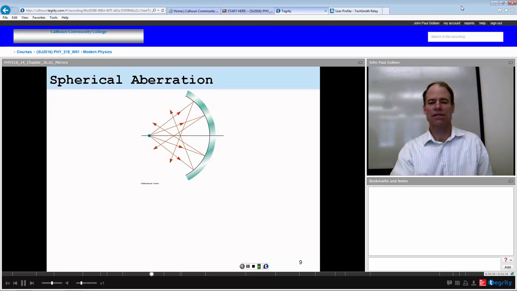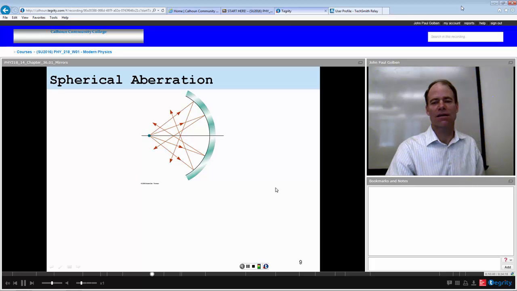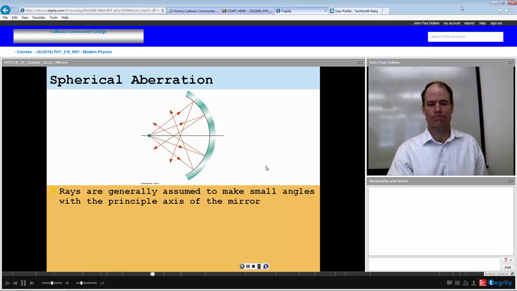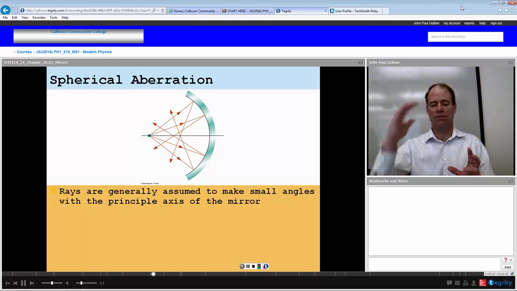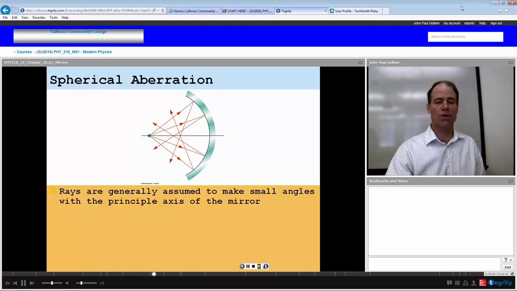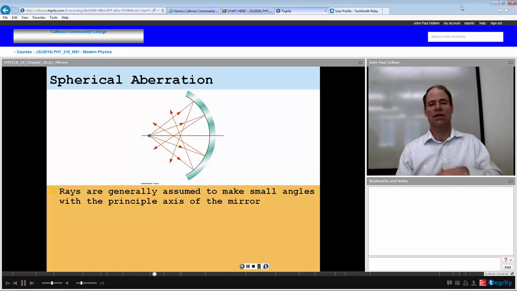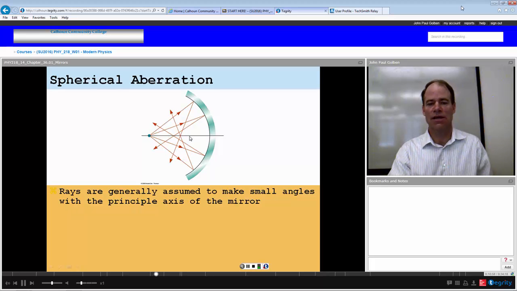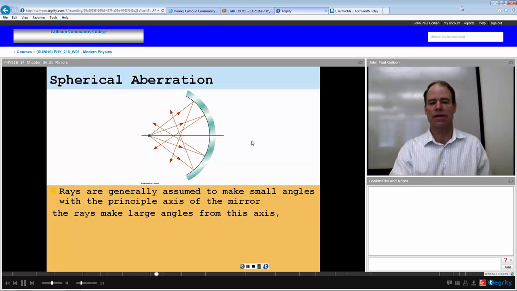Spherical aberration. Let's say you had a concave mirror, and maybe it's perfectly spherical, which is probably not what you want, because as you get away from small angles, the rays converge near that point but not perfectly on it.